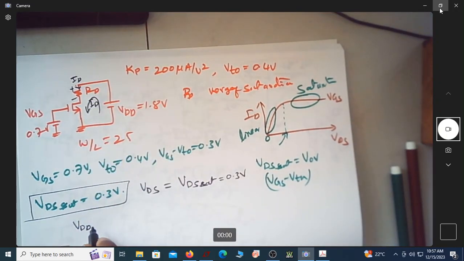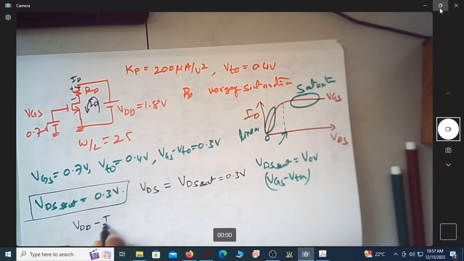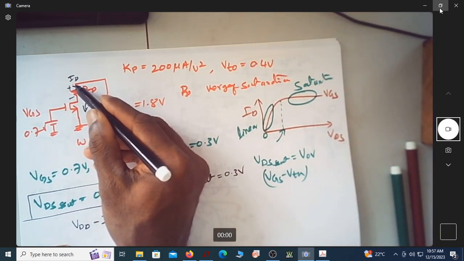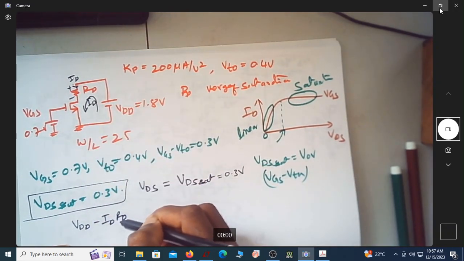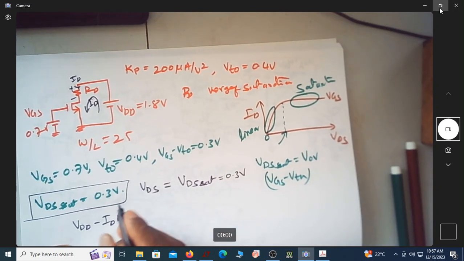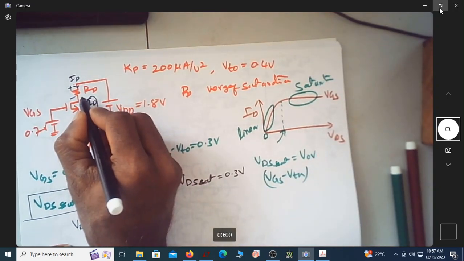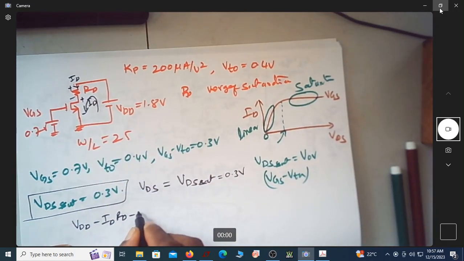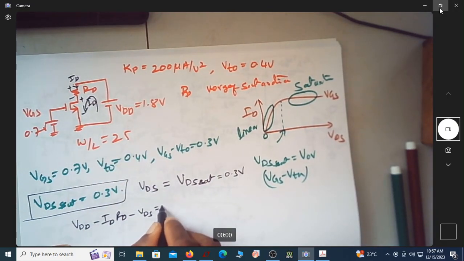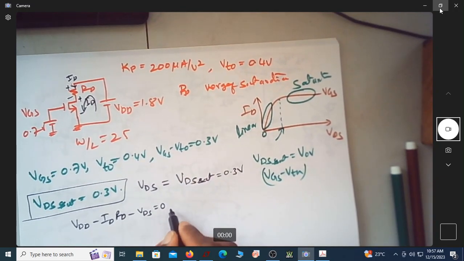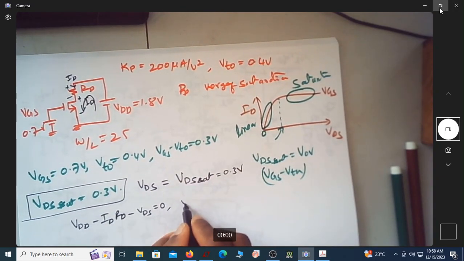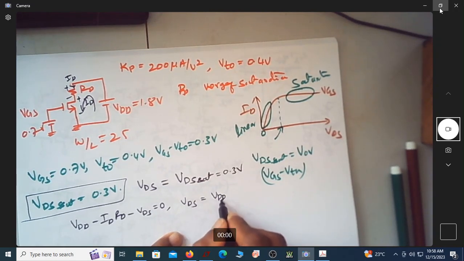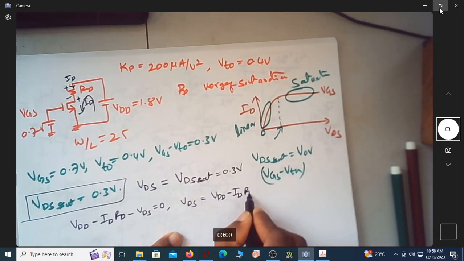So voltage drop is minus of ID into RD, because the current flowing through this resistor is ID, and resistor value is RD. There is one more voltage drop between these terminals, which is VDS. So again minus VDS is equal to 0. From this I can rewrite this as VDS is equal to VDD minus ID into RD.